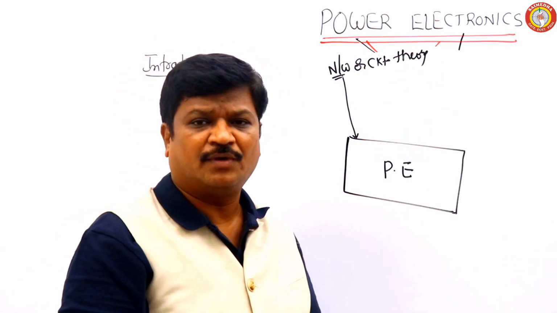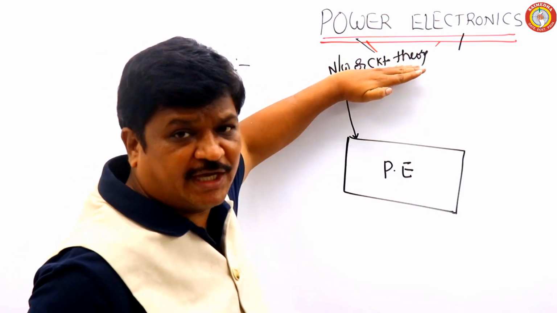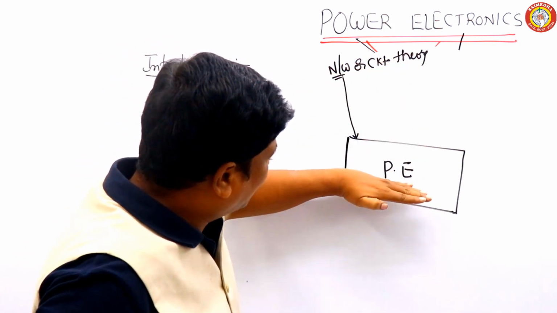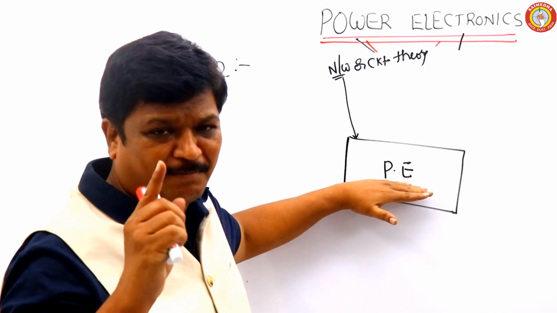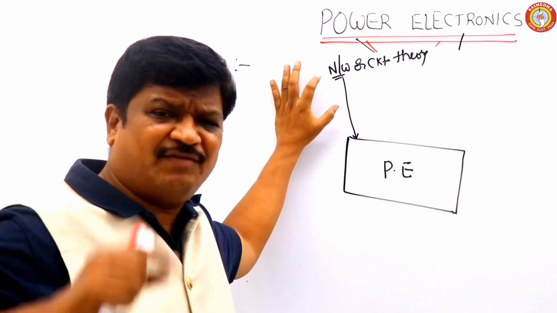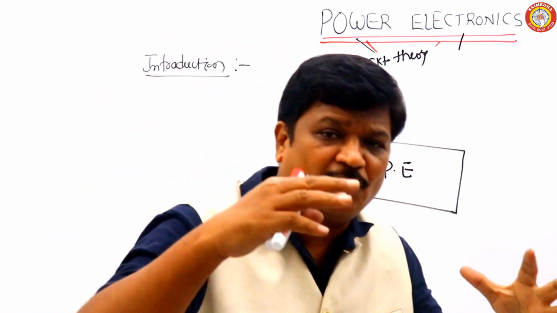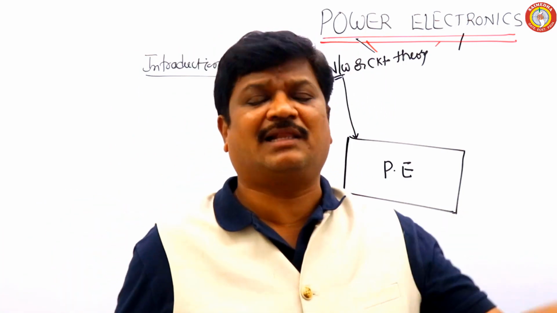Without basic knowledge of electrical networks or circuit theory, if you are preparing for power electronics, you are going to get mad. You should not prepare like that. Because everywhere you go, we have RLC load, input supply, output voltage, KVL equation, all these things will come.